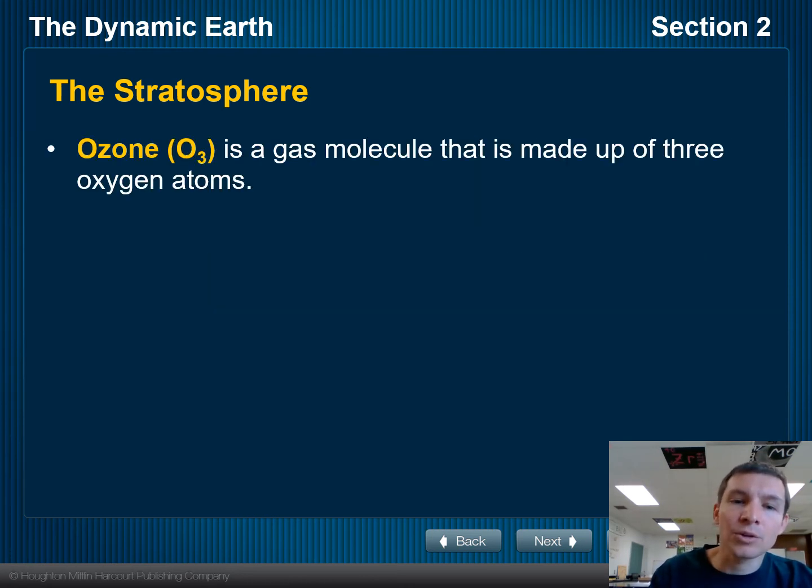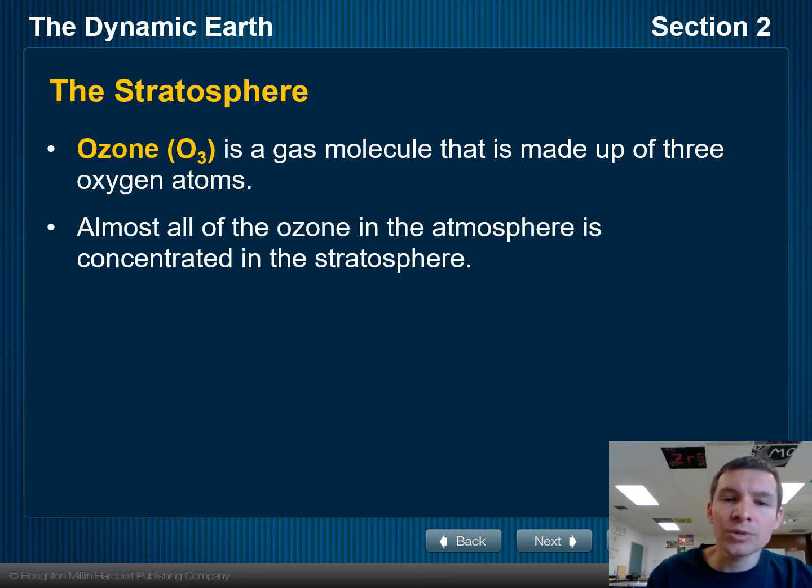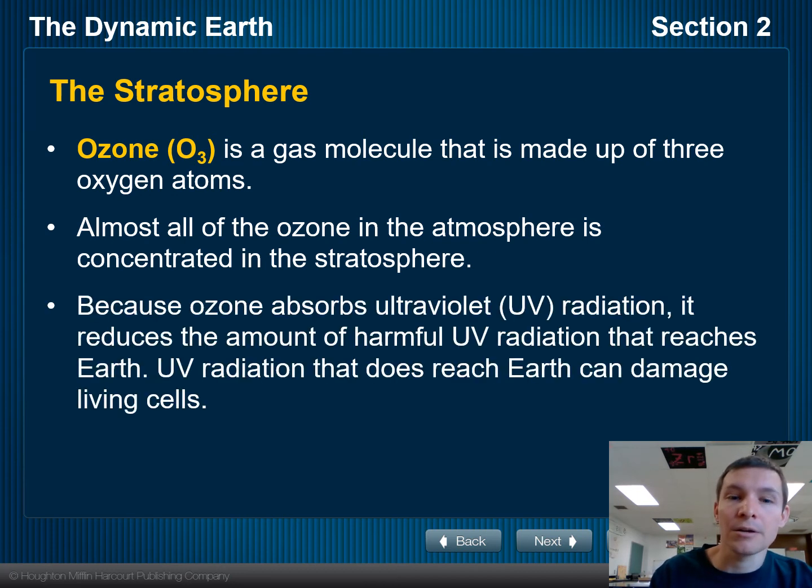And then, like I said, ozone, which is O3, 3 oxygen atoms combined. We breathe out O2, so it's not the same thing. It is a gas molecule that's made up of 3 oxygen atoms. Almost all of the ozone in the atmosphere is concentrated in the stratosphere, so you've got to get it up there.